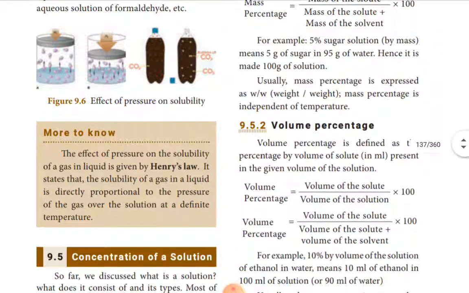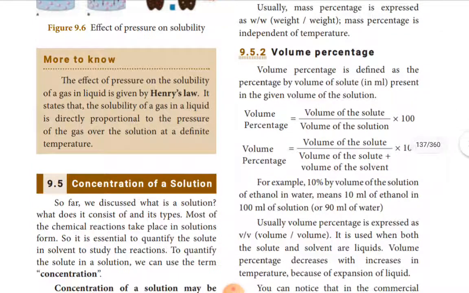Next, volume percentage. Volume percentage is defined as the percentage by volume of solute in the given volume of solution. In the earlier case we took percentage by mass; here we are taking percentage by volume. Here the term volume is used, there the term mass is used.